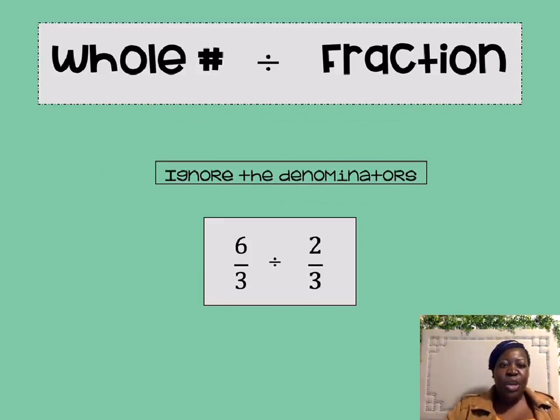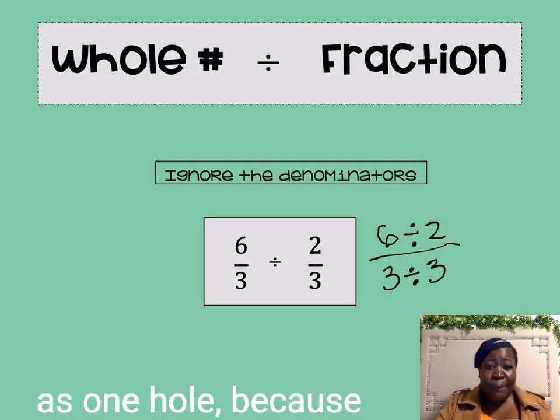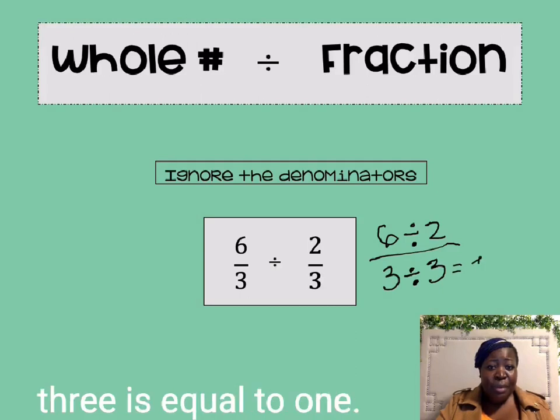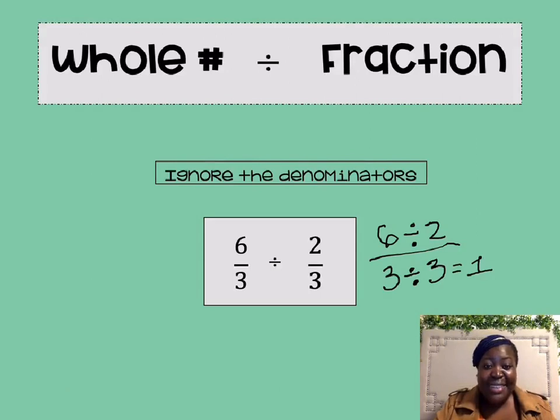And remember, we're ignoring it because if you were to rewrite it, it would be 6/3 divided by 3/3. 3/3 is the same thing as 1 whole because 3 divided by 3 is equal to 1. And we already know that any number that has 1 in the denominator is the number that's in the numerator. That's why we would ignore them.